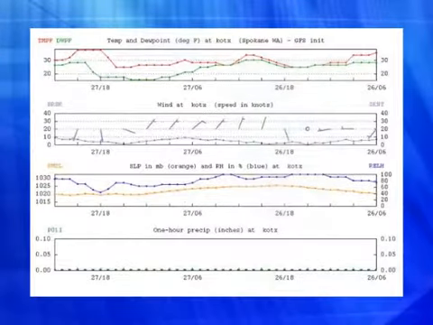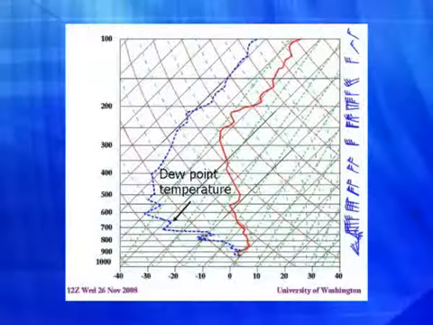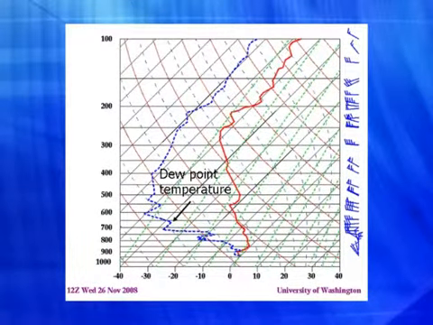So now that we've talked about these moisture parameters at the surface, we can also measure these things aloft. If you'll recall from the temperature section, we briefly introduced vertical temperature profiles as measured by weather balloons. The weather balloons also measure dew point temperature, so we can see how the moisture content varies vertically in the atmosphere. And once again, we will get into more detail about reading this type of plot in later sections of this course.